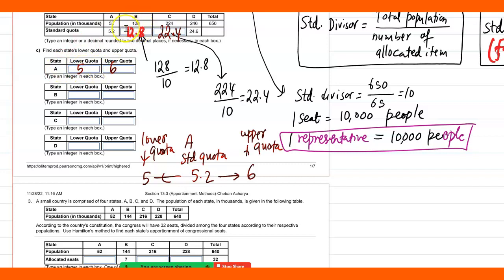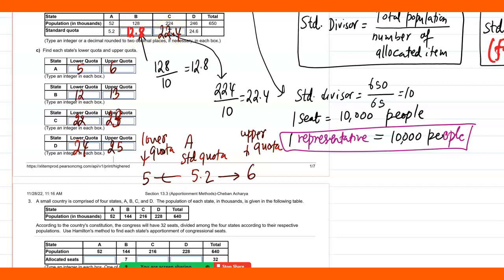For B, 12.8 is the standard quota, 12 is lower, 13 is upper. For C, 22 is lower, and 23 is upper, because it's 22.4. For D, 24 is lower, 25 is upper. You guys notice that lower quota and upper quota are whole numbers, but standard quota is a decimal.